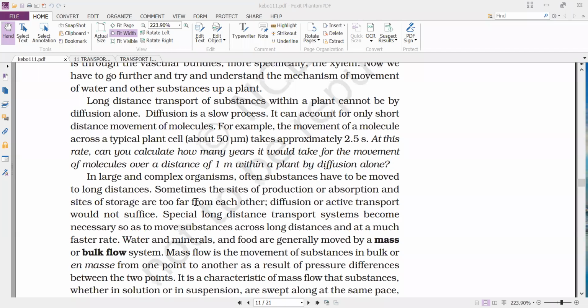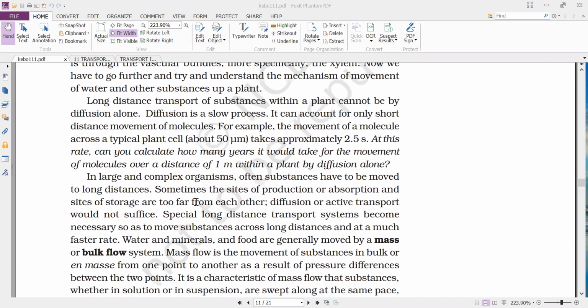We all know very well the food is synthesized in the leaves, but in most of the plants they are stored in the roots. So the food from the leaves which are present at the tip of the plant needs to be transported to the region of the root which is present deep inside the soil.